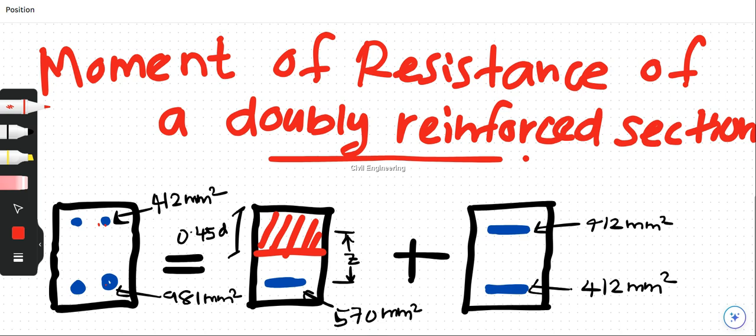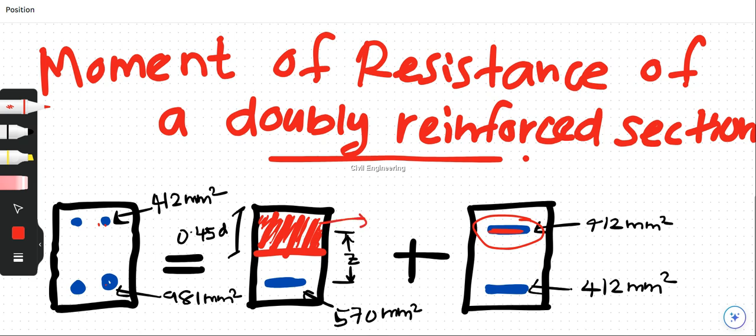There are two parts which are responsible for the compression: the concrete and the reinforcement. By this line we denote the compression reinforcement, while this one is the concrete compression section.